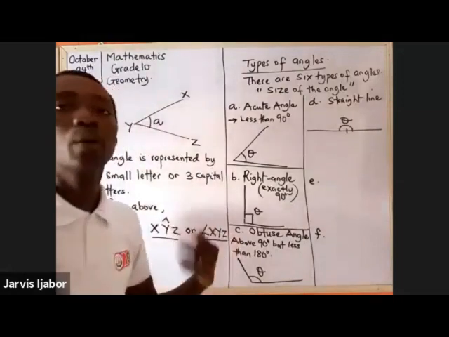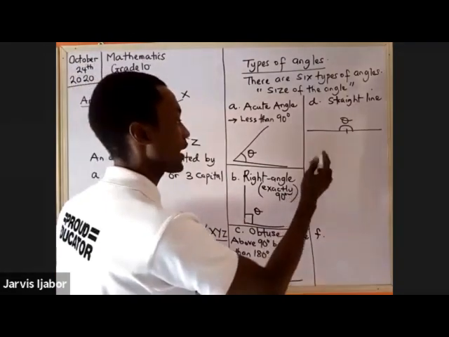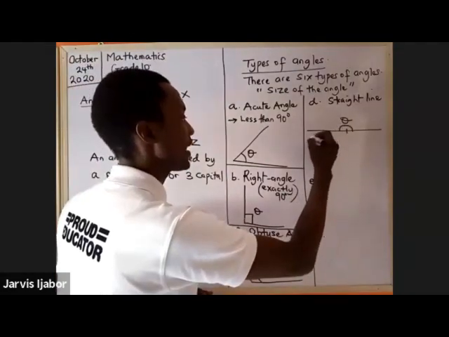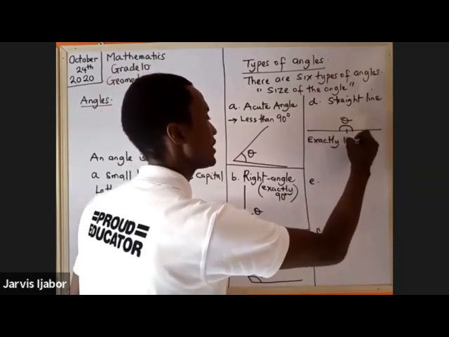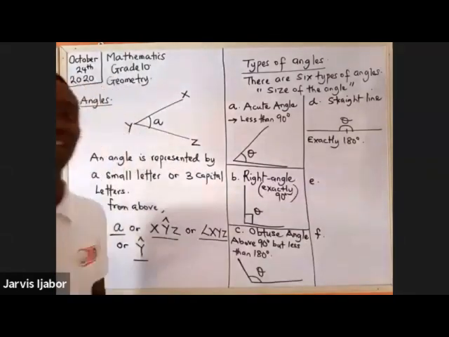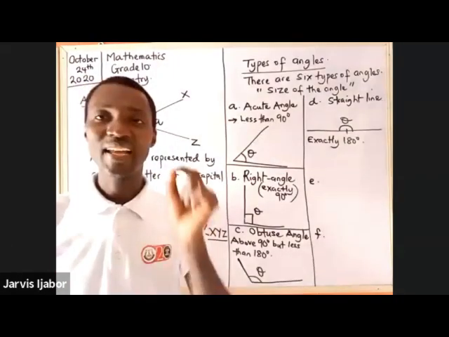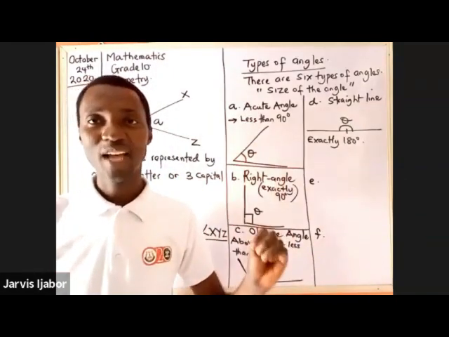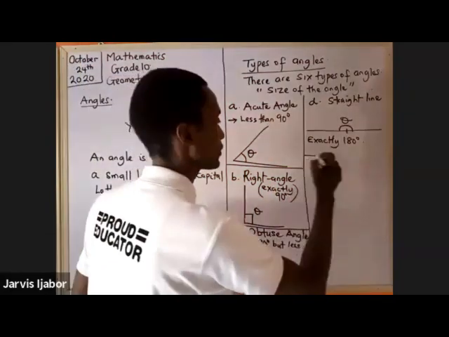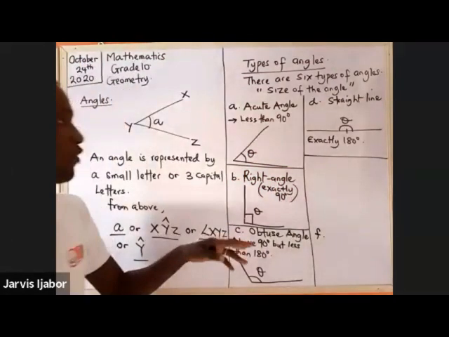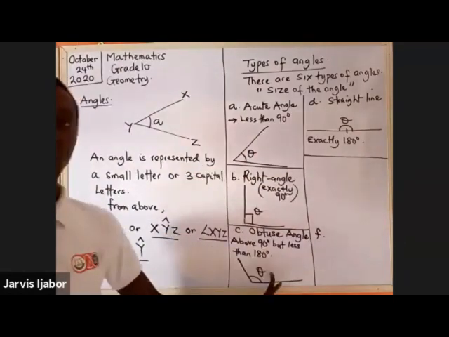So what do we know about a straight line? A straight line is exactly 180 degrees. That's why it is called a straight line. So you get a picture of what an obtuse angle is.